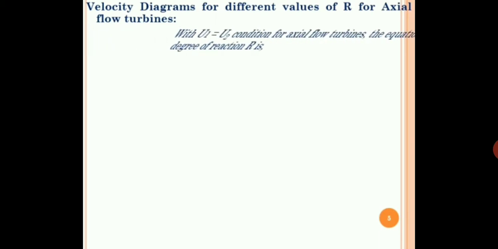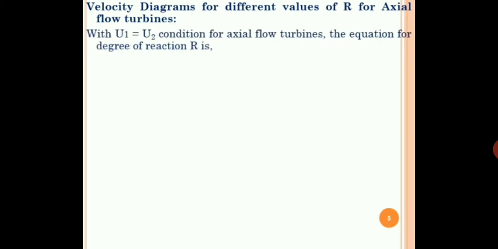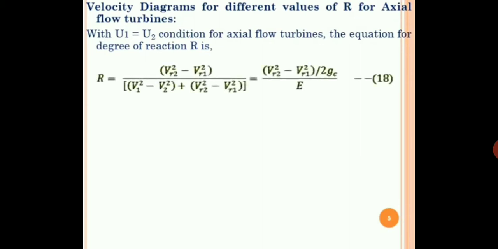So now, velocity diagrams for various values of R for axial flow turbines. With the U1 equals U2 condition for axial flow turbines, the equation for the degree of reaction R is given by R equals VR2 square minus VR1 square over V1 square minus V2 square plus VR2 square minus VR1 square.